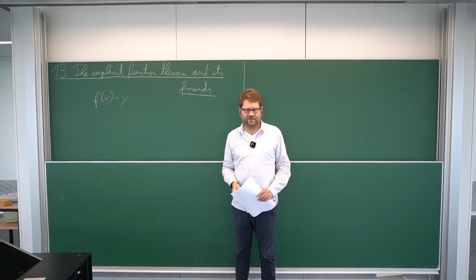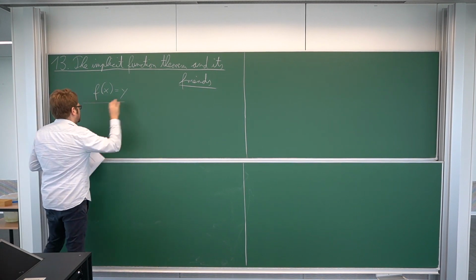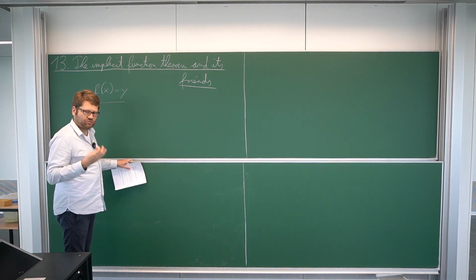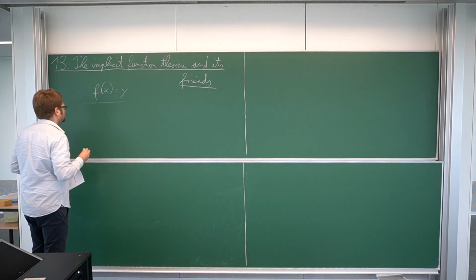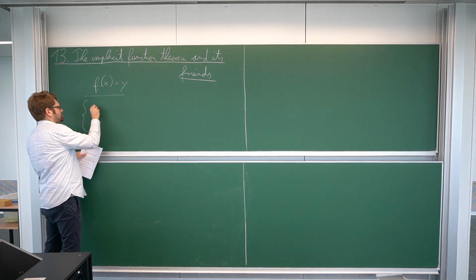So for example, a very concrete system of equations, and this is an example that we shall later on see, that we can really say something about the solutions with the so-called inverse function theorem, which we shall see in the next section. Namely the following, consider the system of equations.